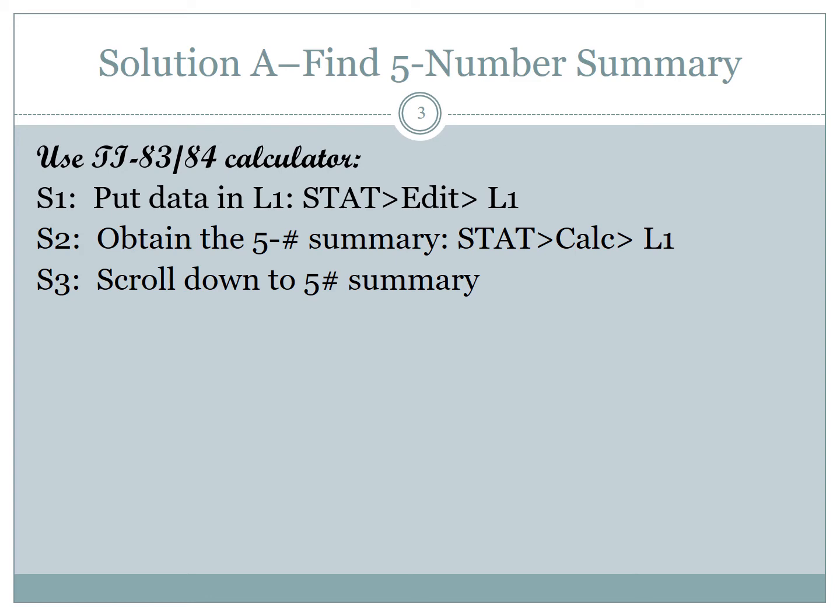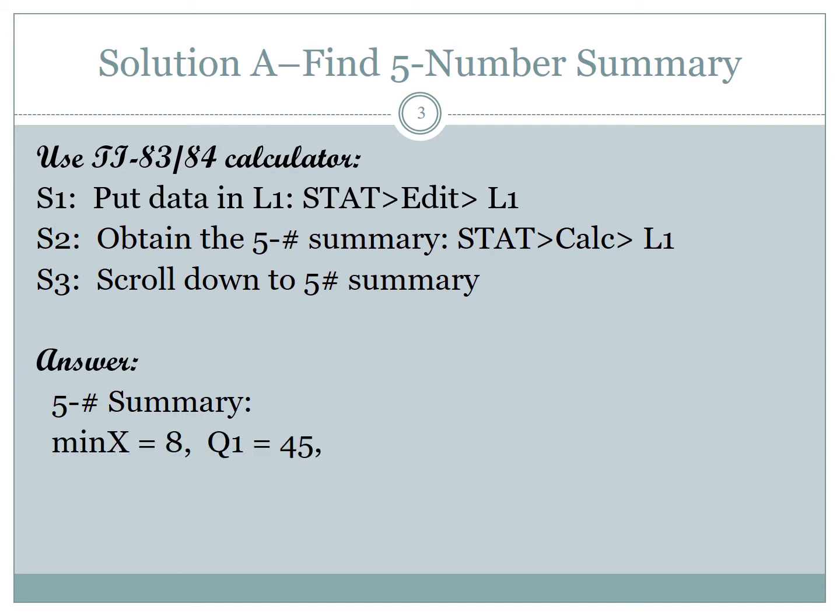Okay, and Stat, Calc, one variable, and then I scroll down, and I'll see min x, right? You'll see Q1 equals 45, Q2 or median equals 51, and Q3 equals 58, and the max x equals 98.